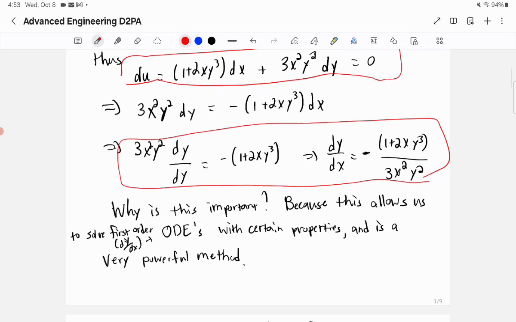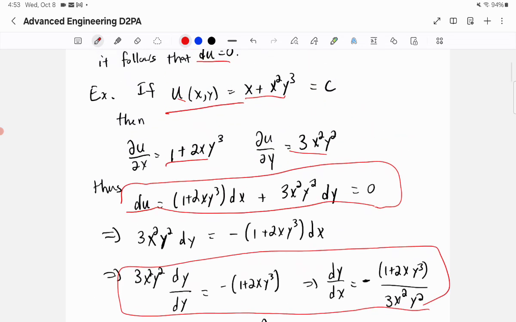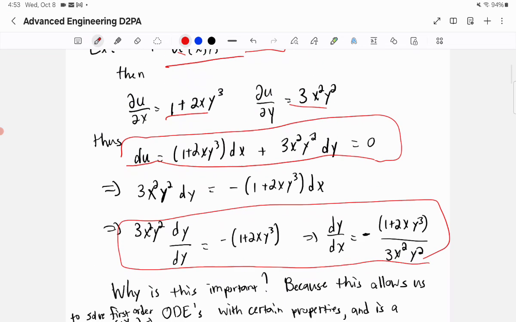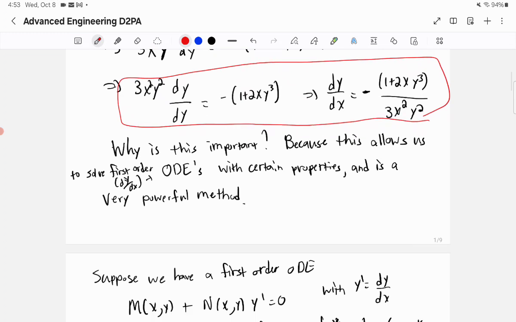So dy/dx is equal to minus (1 plus 2xy cubed) divided by 3x squared y squared, just by rearranging that du that we had above. So this is incredibly useful: if we can figure out that our function is equal to some constant, then we can work our way back to a nice differential equation that we found down here.